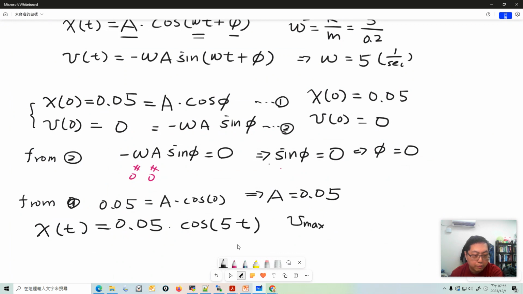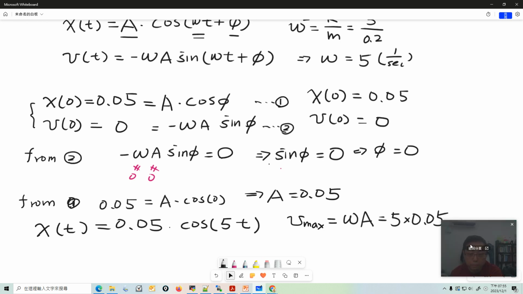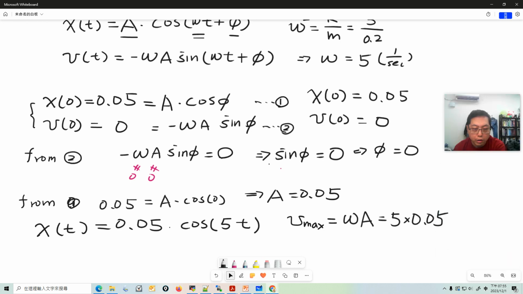Remember that Vmax is omega A. So it's 5 times the amplitude 0.05, which is 0.25. And what is Amax? Amax is equal to omega squared A. So that's 5 squared times 0.05, so it's 1.25.